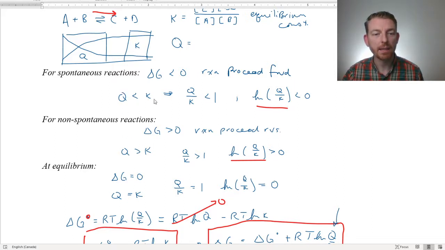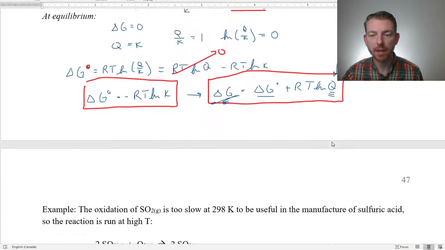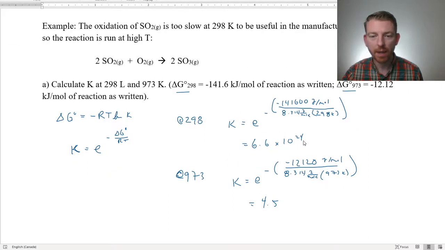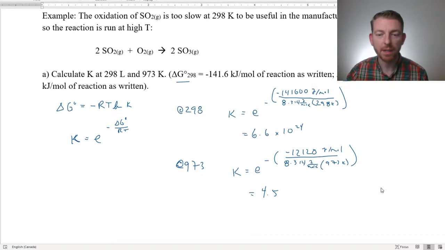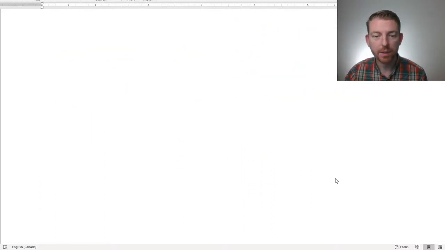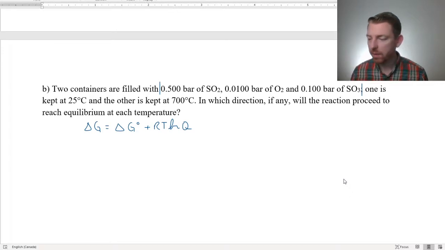If Q is less than K, it is spontaneous, and it's going to be driving towards K. So let's look for our K values here. And our K values are this very, very high value, and 4.5. So if we get it less than those values, then we know that it's going to be driving forward.